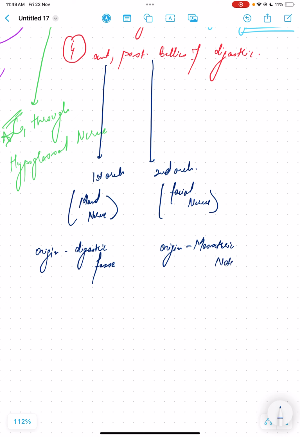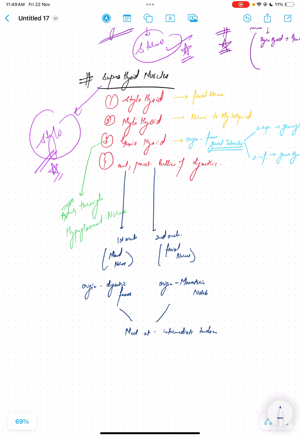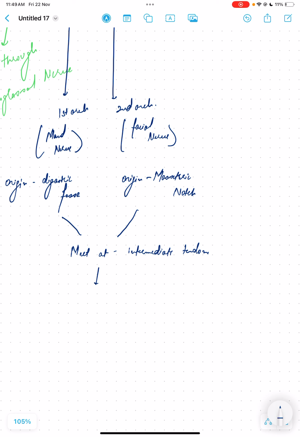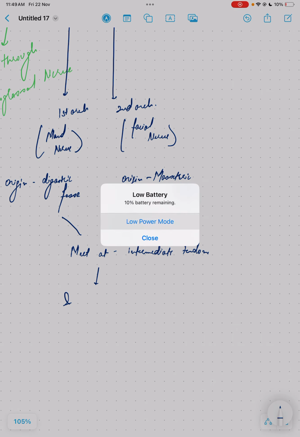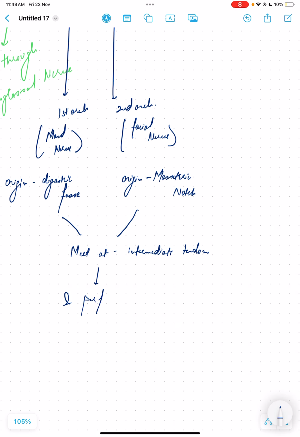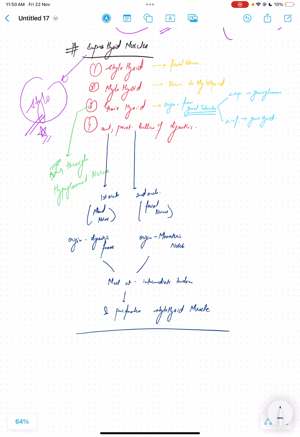Both of these bellies meet at the intermediate tendon, which perforates the stylohyoid muscle, a suprahyoid muscle. These are the things that you should remember about the suprahyoid group of muscles.